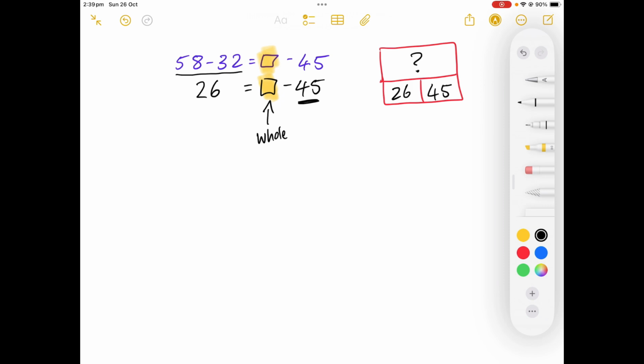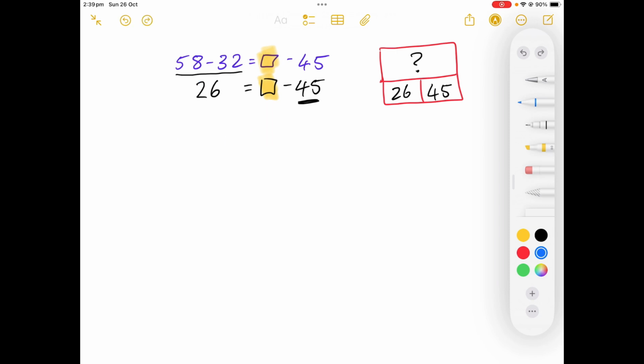Now that might be a bit confusing for you at this point. You're probably like, what? I'm not used to seeing it like that. The issue that I've predicted we're thinking incorrectly is that we're not used to seeing this number on that side of the equation. We might be used to seeing something take 45 equals 26, but we're not used to seeing the 26 in the front of the equation.